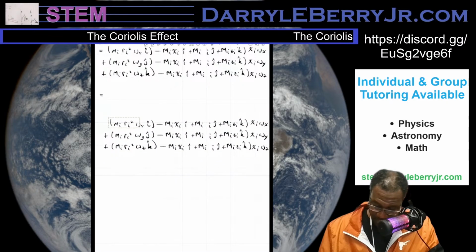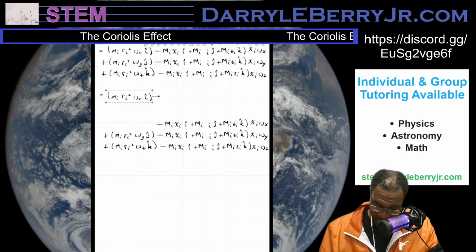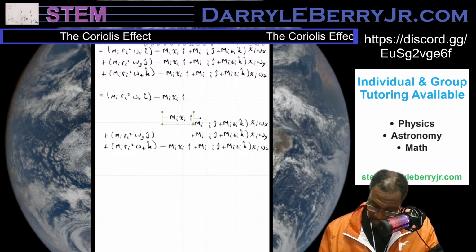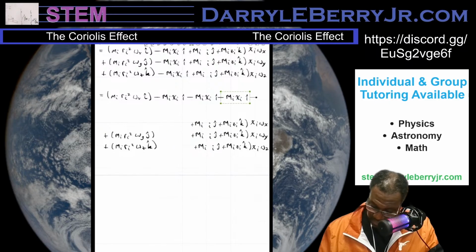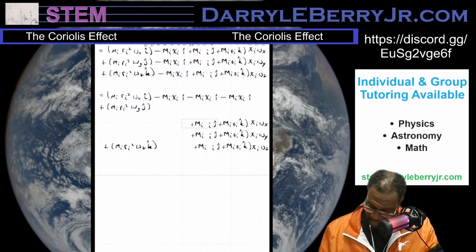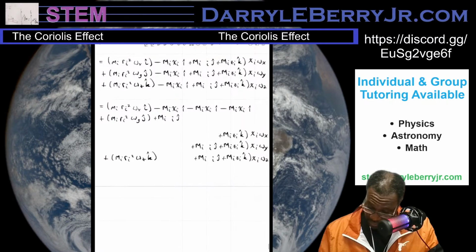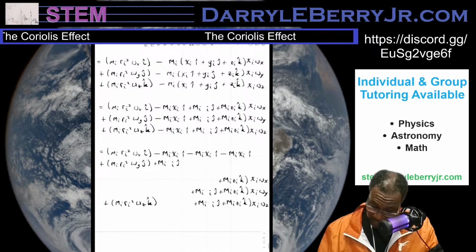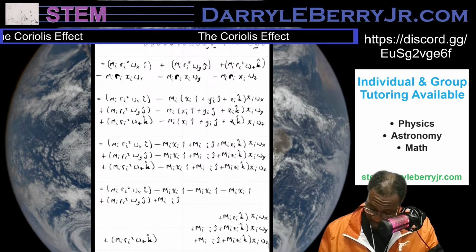This is going to equal this I minus this I minus this I minus this I plus this j minus this j. Distribute my negative.